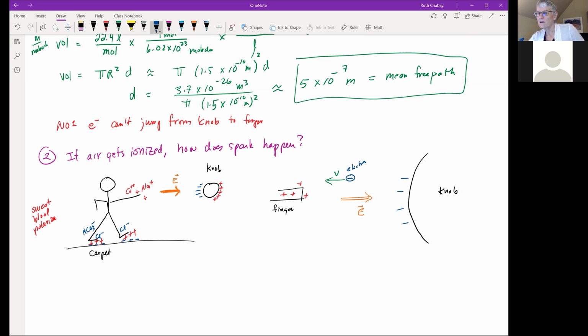And if we had positive ions, say if the air had become ionized so that what we had was N2 plus or O2 plus, it would feel a force in the direction of E and move that way. So all of a sudden, we've actually got an electric current here.